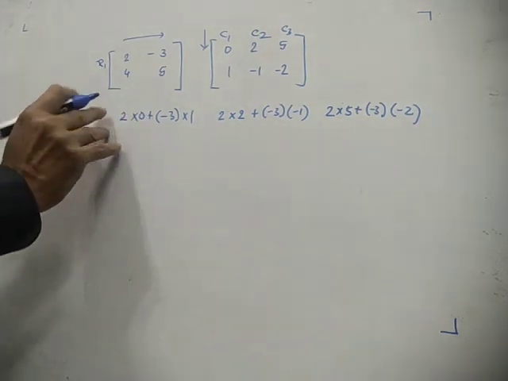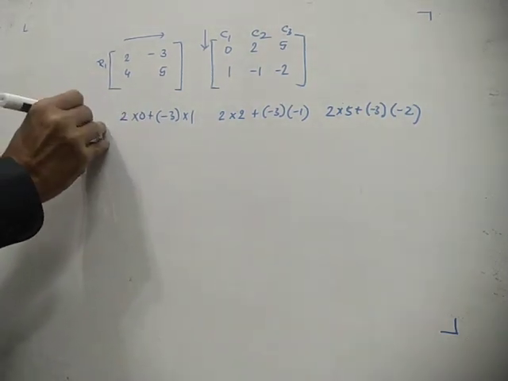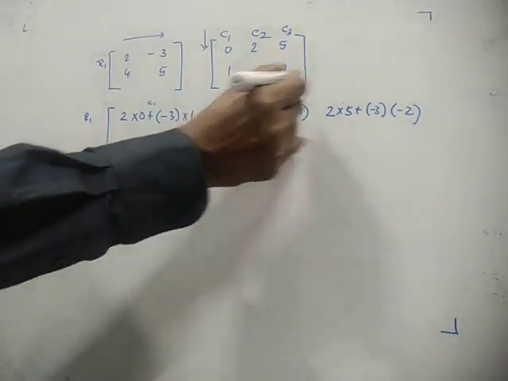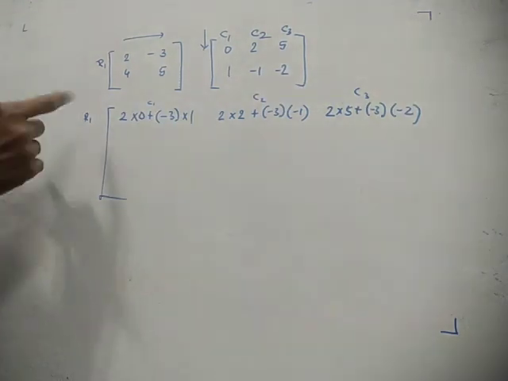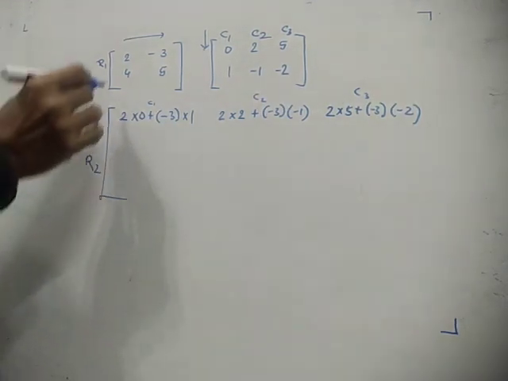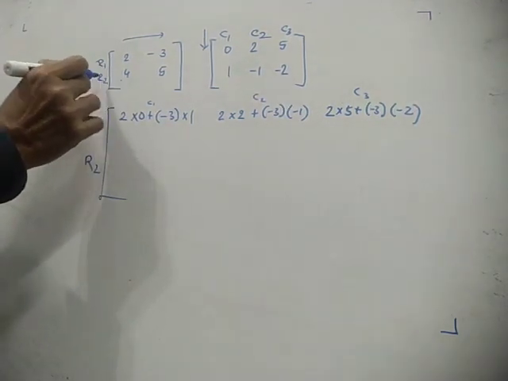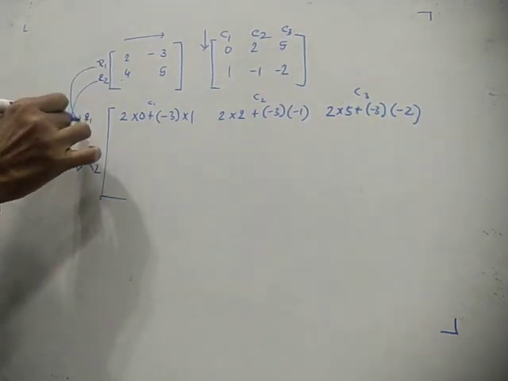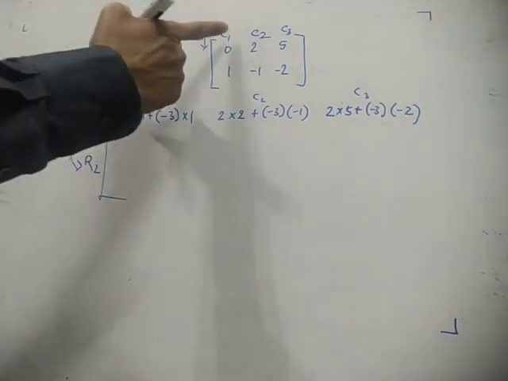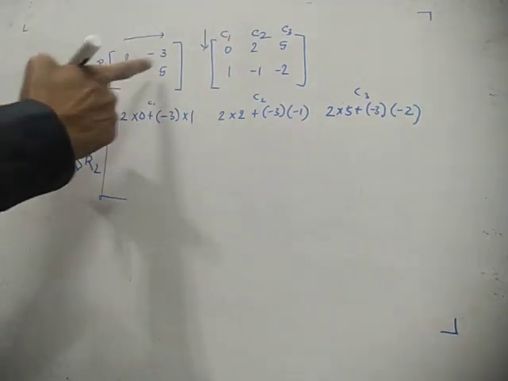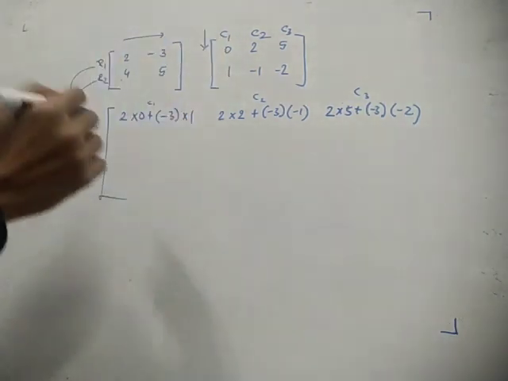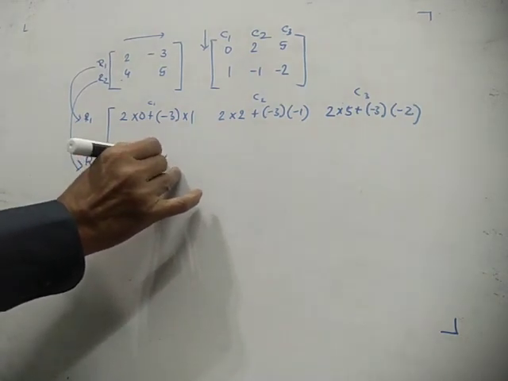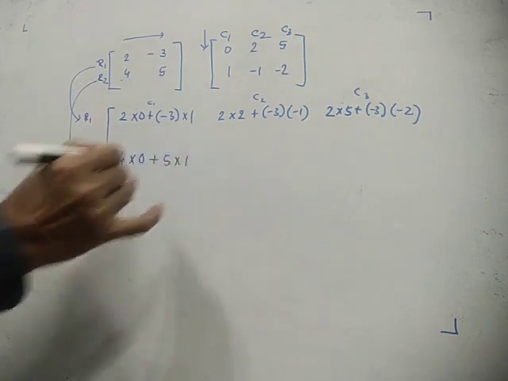Now the second row of the first matrix makes the second row of the result, just as R1 makes R1 and R2 makes R2. R2 into C1: 4 into 0 plus 5 into 1.